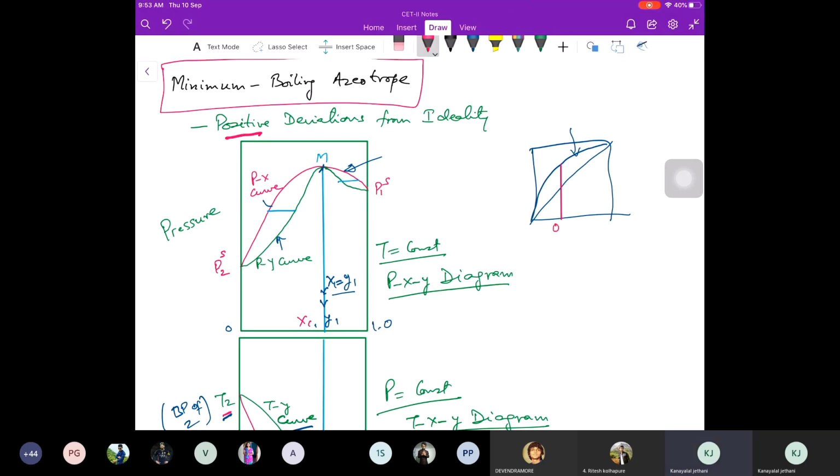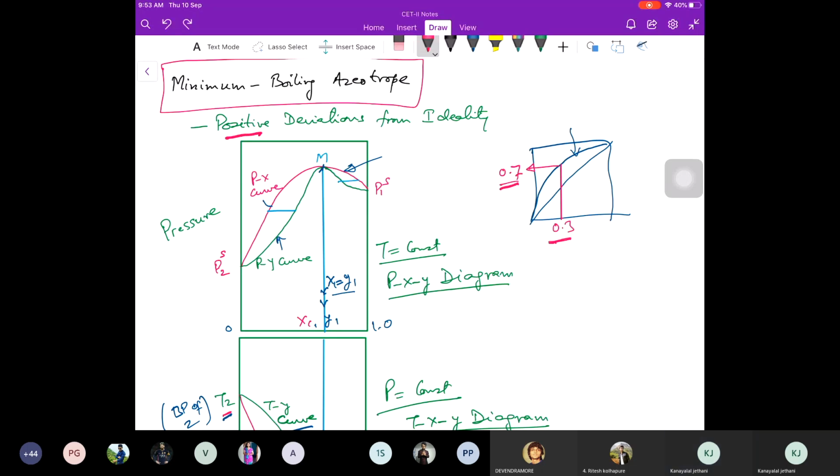Suppose this point 0.3. तो y कितना आएगा? 0.7 करीब आएगा, roughly. So in this case, if I take a liquid of 0.3, I will get a vapor of 0.7. So if I condense the vapor, I will get a liquid which has more of component 1 than component 2.